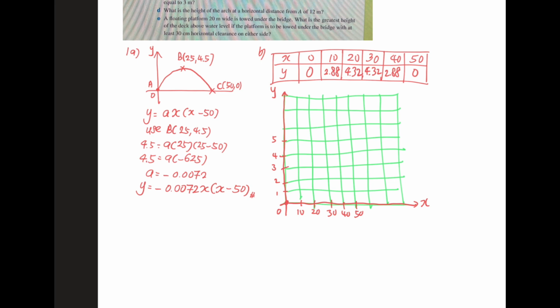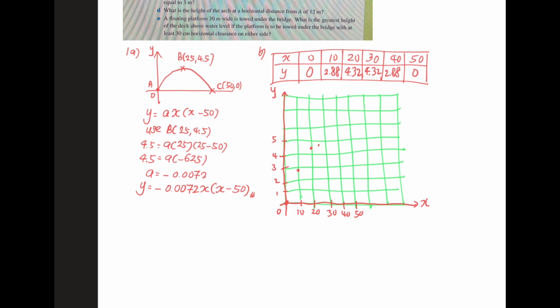Okay, now we start with the first point, 0, 0. So it's going to be here, followed by 10, 2.88, around here. Then 20, 4.32 around here. The other point is 25, 4.5, which is the maximum.